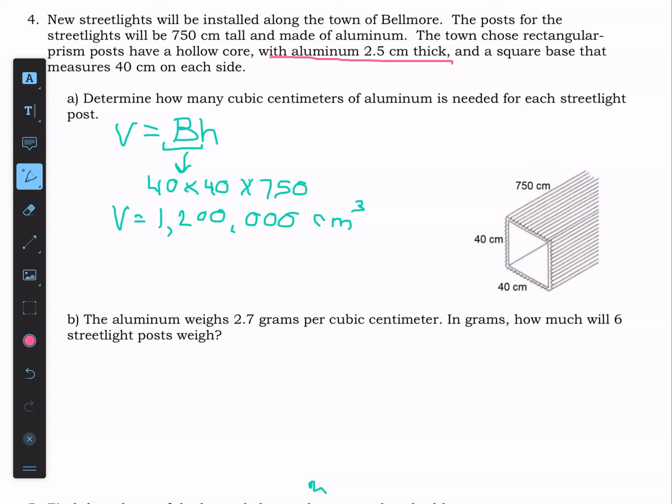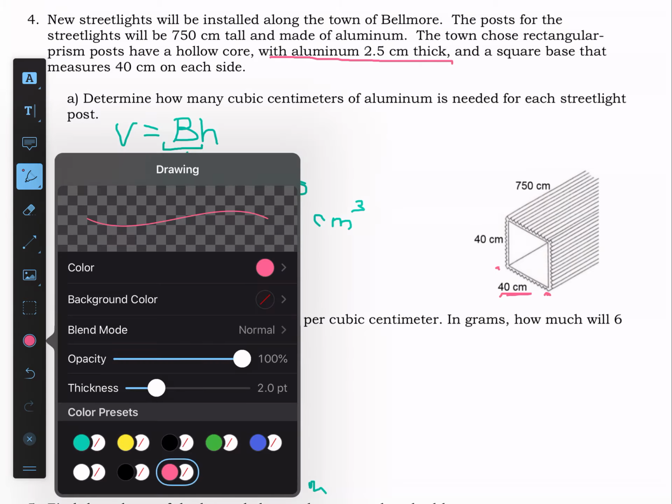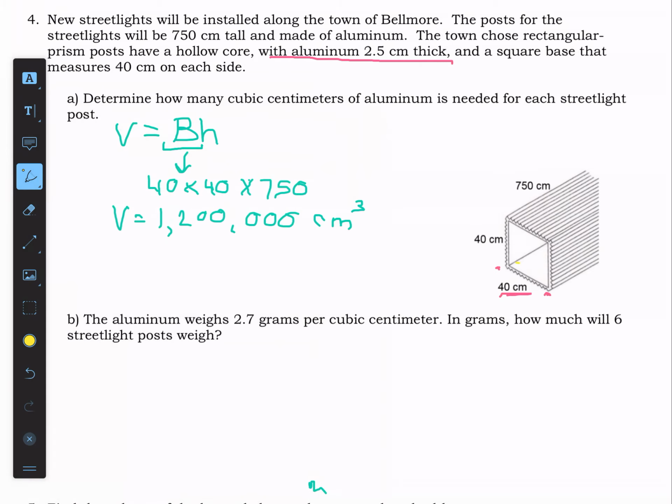Now I'm going to find the volume of the inner part, the empty part that is inside of the post. An important part for this question is to notice here the aluminum is 2.5 centimeters thick.